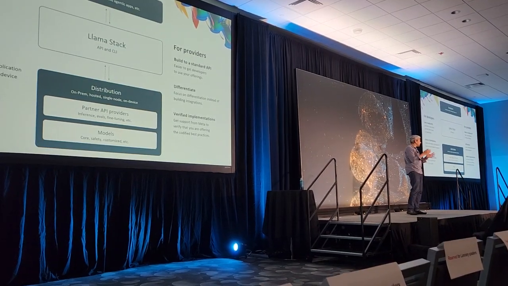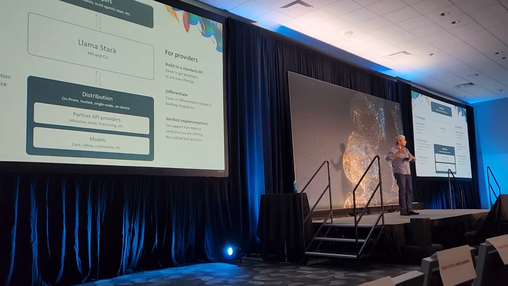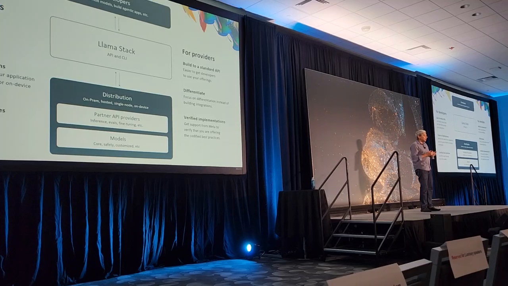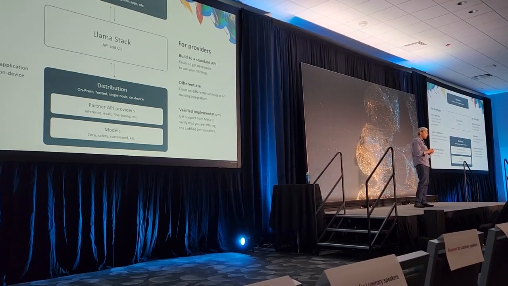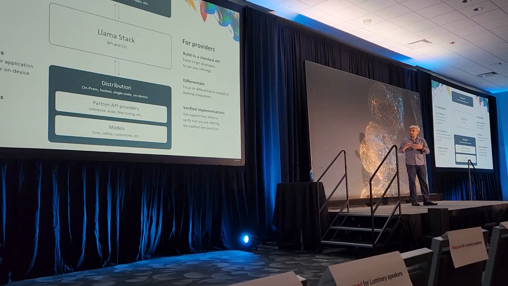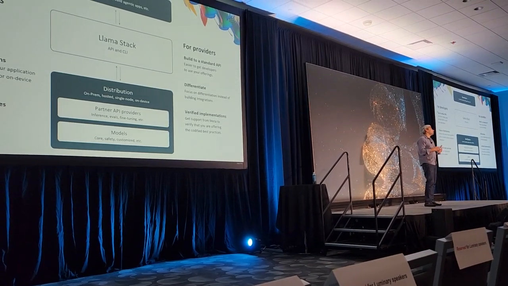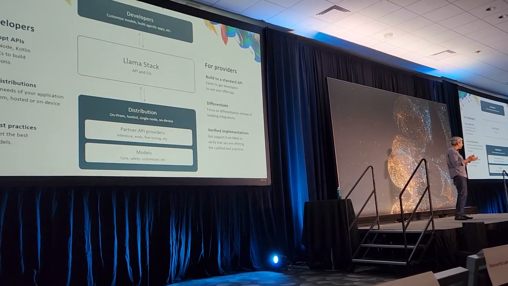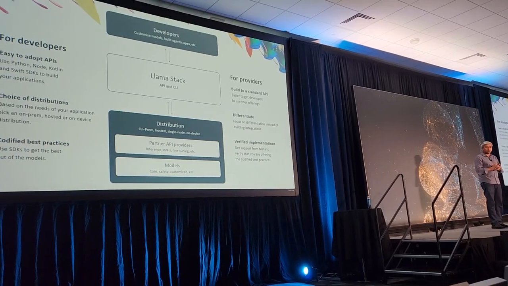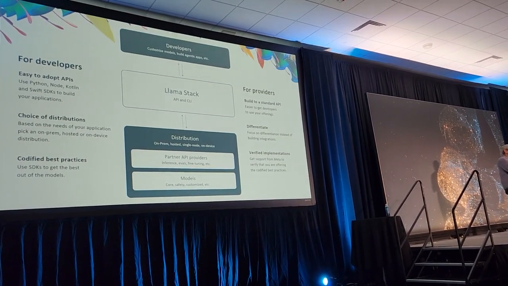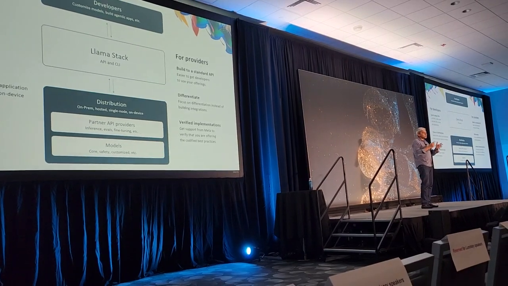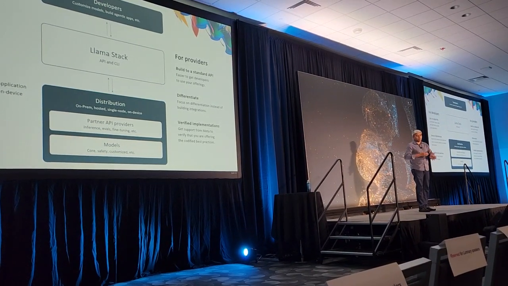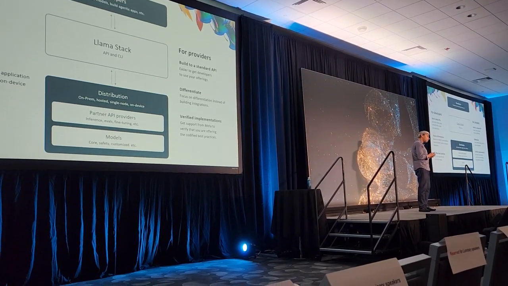In those cases, they can rely on the fact that other providers have built to these standards, and focus on what they want to be really good at. And for the partners building towards these standards, Meta is investing in providing verification, like providing some level of support, so that when customers want to use Llama models with these distributions, they know that these distributions have been verified by Meta.